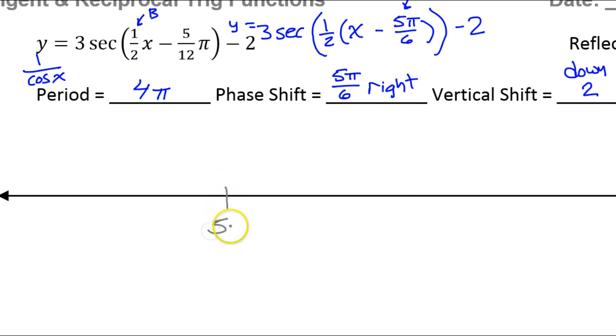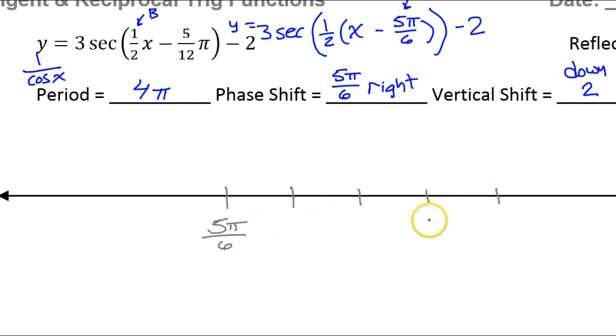Now, I'm going to go over 4 positions to the right: 1, 2, 3, 4. Every one of these positions will be 1/4 of the period. So by the time I move 4 places, this should be the end of the period.